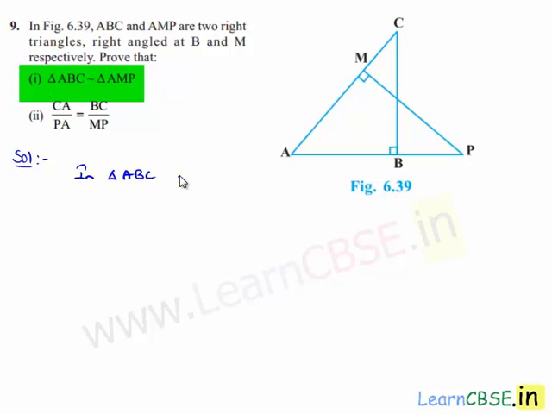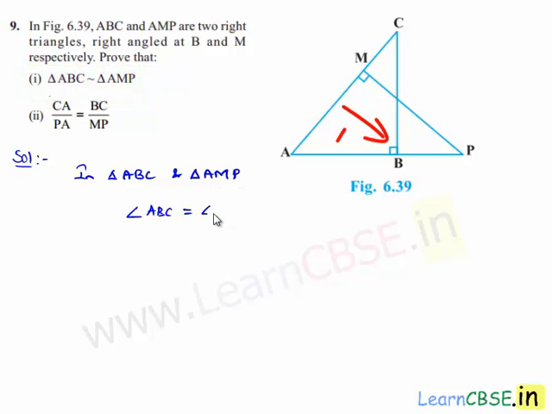So in triangle ABC and triangle AMP, angle ABC is equal to angle AMP is equal to 90 degrees, as it is given that ABC and AMP are right angle triangles, right angled at B and M respectively. And second, angle CAB is equal to angle MAP, as it is a common angle in both the triangles.